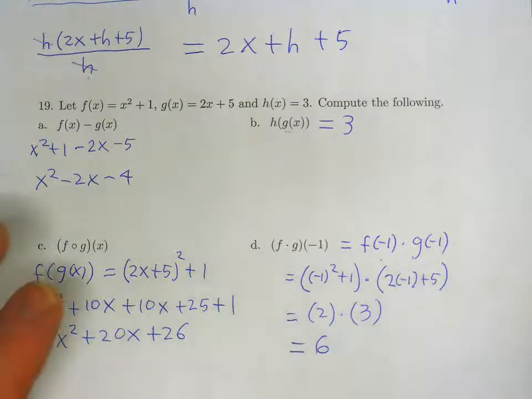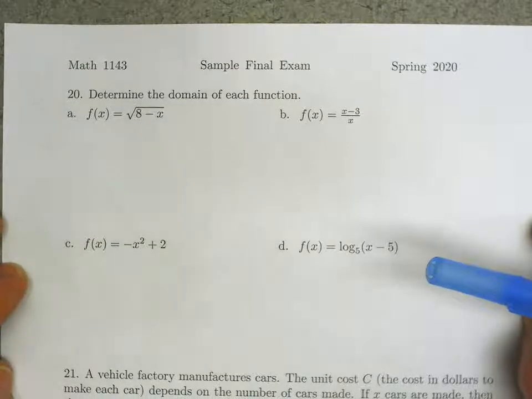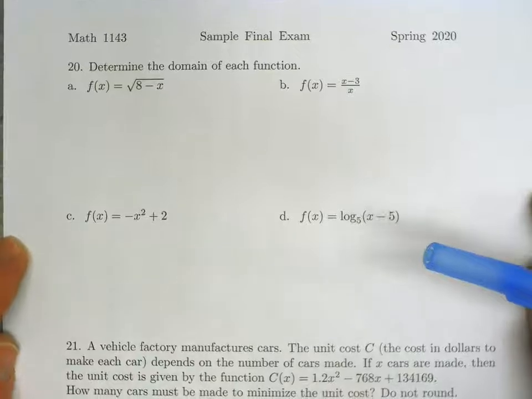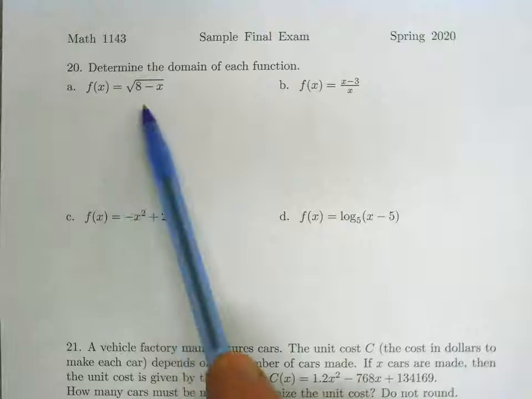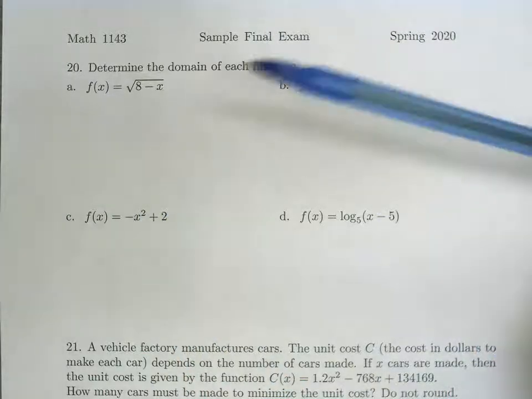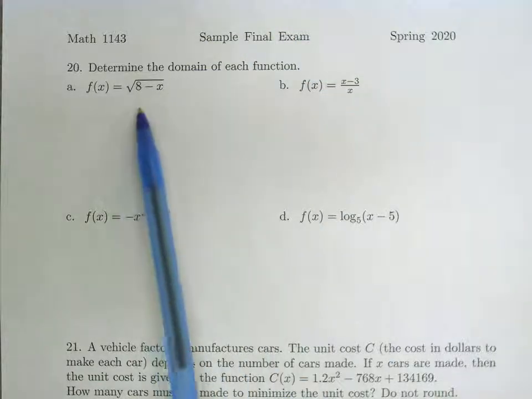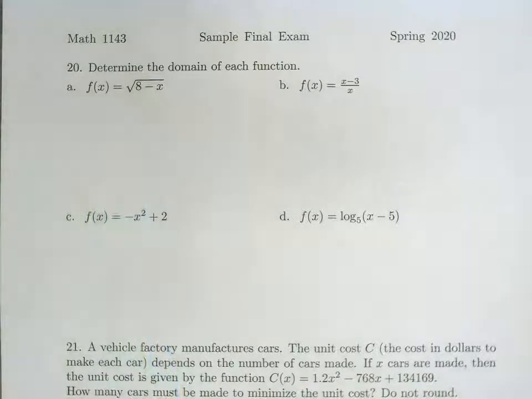Okay, the next page. Number 20, parts A, B, C, and D. Find the domain of each function. Okay, f of x equals the square root of 8 minus x. We do know how to compute square roots of negatives, but the intent here is that the output values will always be real numbers.